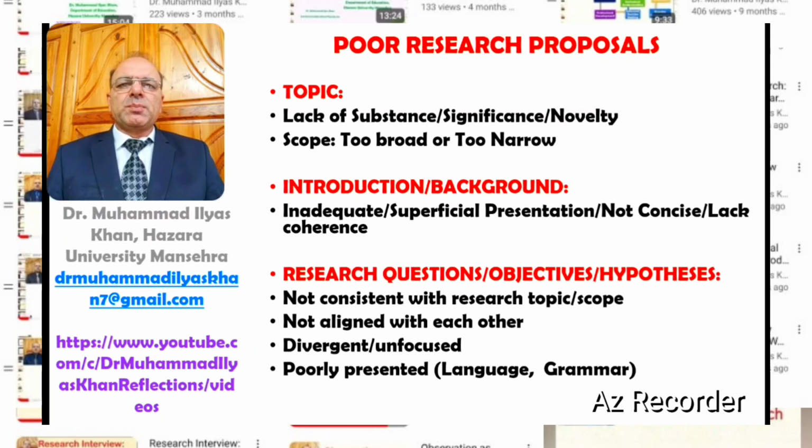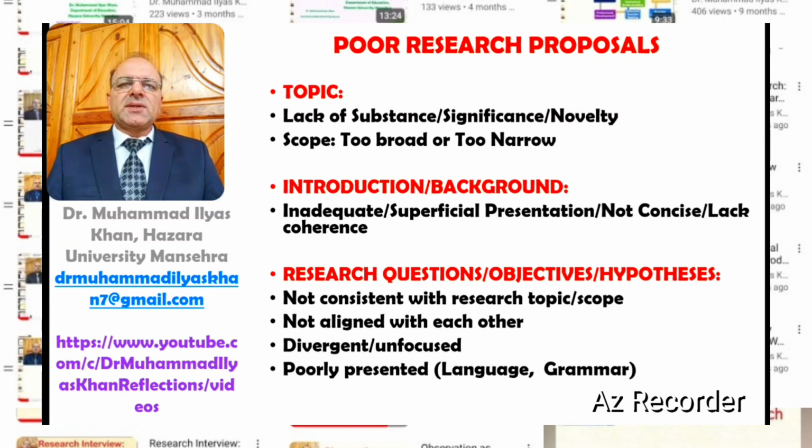Secondly, the scope. In many cases, the topic of the research proposal is either too broad or too narrow. Topics that are too broad are generally difficult to conduct within the time and resources that are generally available to research students or researchers in general.